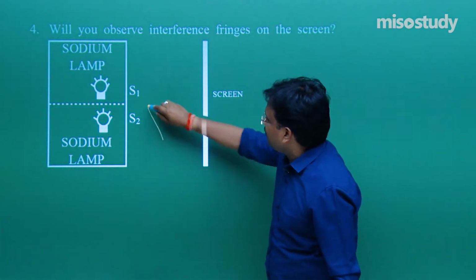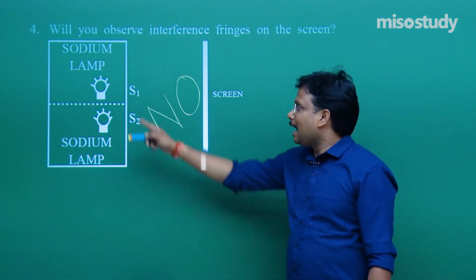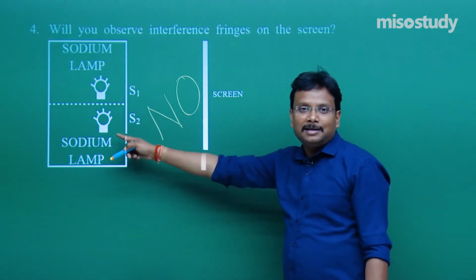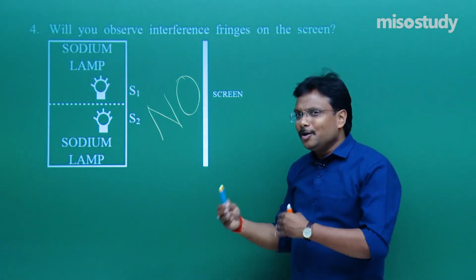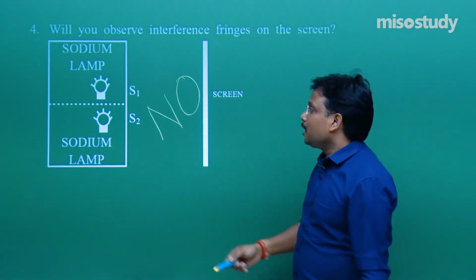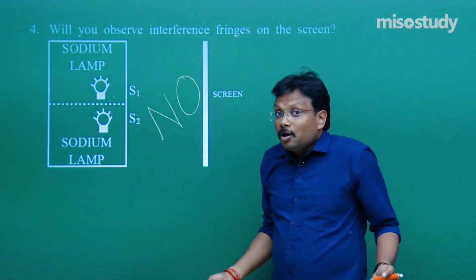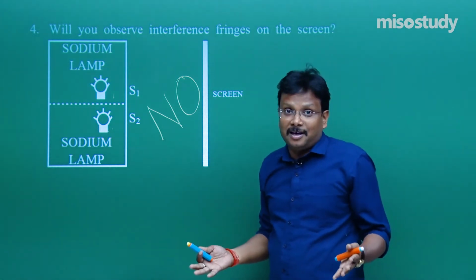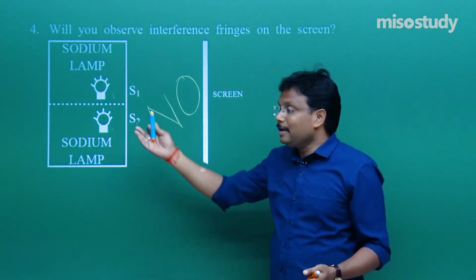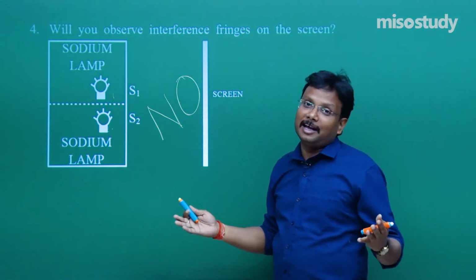The answer is, light added to light will give me darkness. Fine. So, in continuation of these two questions, because these are two different sources, they are not coherent, and when they are not coherent, phase difference is there, then they will not produce any type of fringes.